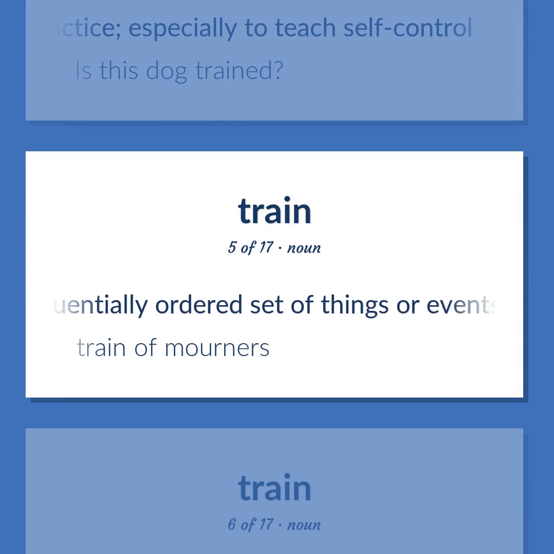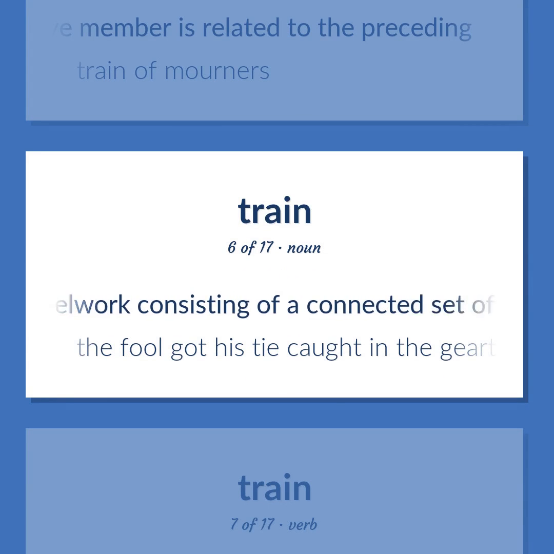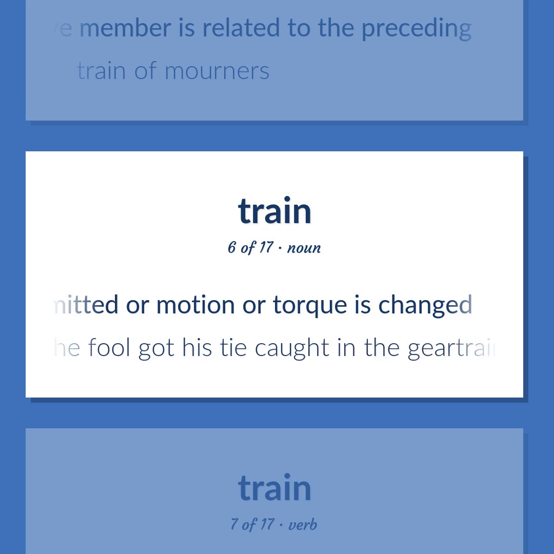A sequentially ordered set of things or events or ideas in which each successive member is related to the preceding. Train of mourners. Wheelwork consisting of a connected set of rotating gears by which force is transmitted or motion or torque is changed. The fool got his tie caught in the gear train.